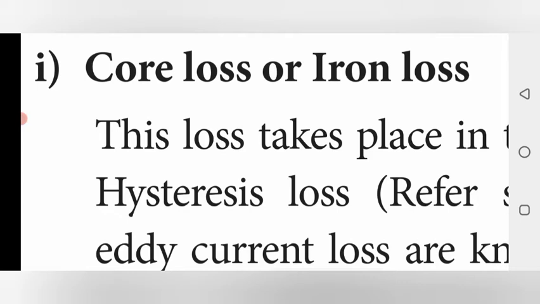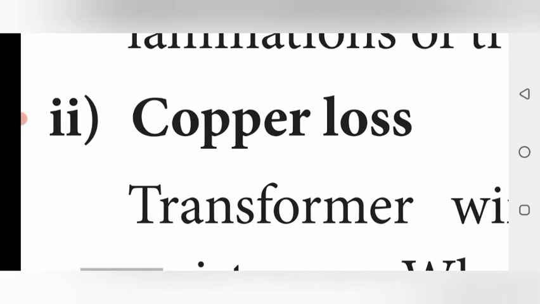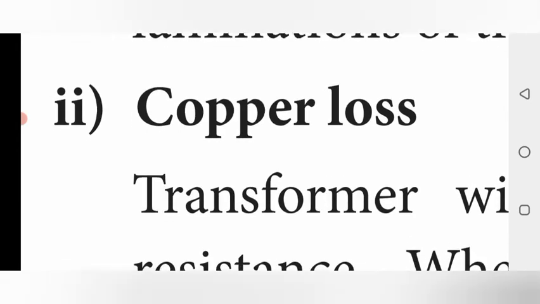The second one is copper loss. The primary and secondary coils we use are made of copper. In the transformer winding, the wires are copper. When electric current flows through the primary and secondary coils, some amount of energy is produced.